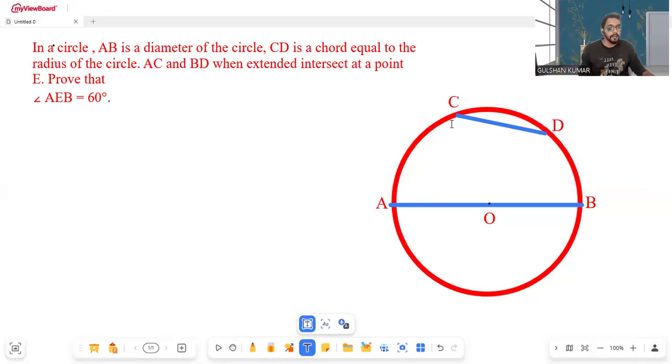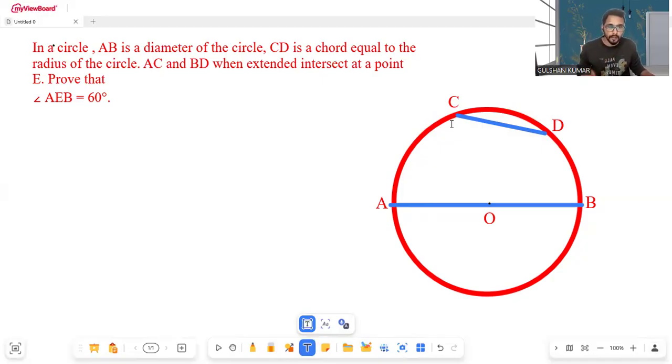Now we understand that we have AB and we have CD, but there is a twist: AC and BD, the lines joining the ends of both chords.